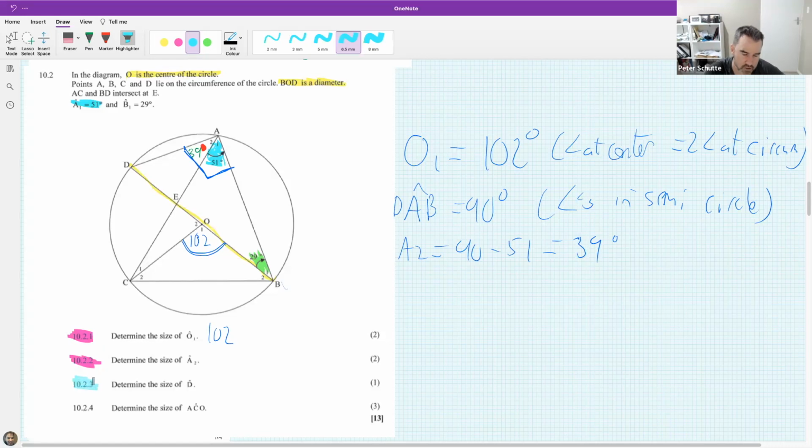Okay, let's do the next two. Can you find the size of D, and can you find the size of ACO?